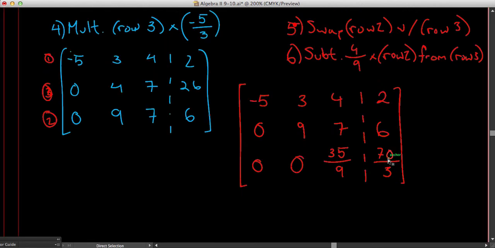Okay, so maybe we can add in one more step here, if that's not too much. We multiply row 3 by 9/35.